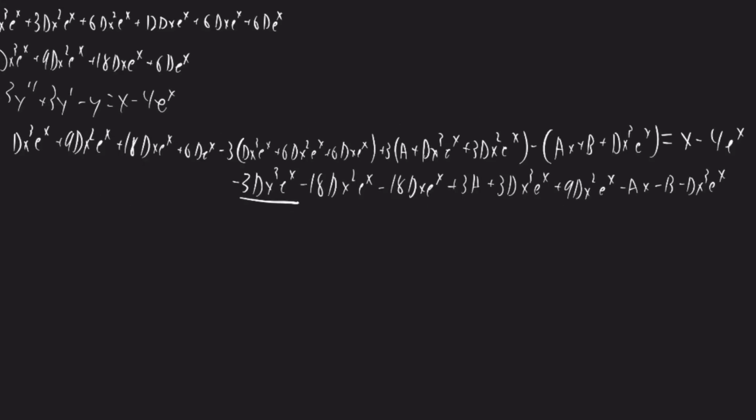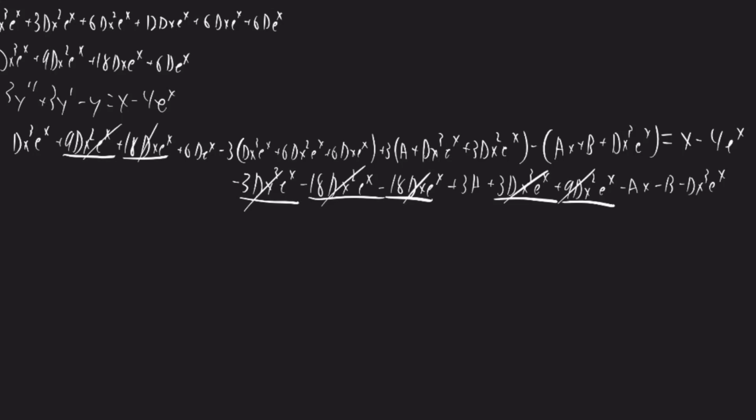We have this negative 3dx cubed e to the x term, and this positive 3dx cubed e to the x term. They will cancel. We also have this positive 9dx squared e to the x, this positive 9dx squared e to the x, and this negative 18dx squared e to the x. All three of those will cancel. We also have this positive 18dx e to the x, and this negative 18dx e to the x.